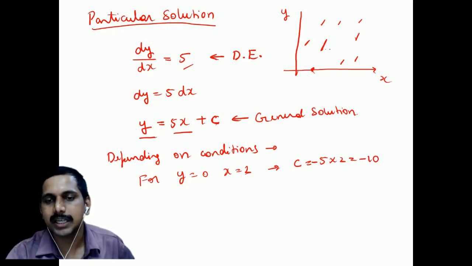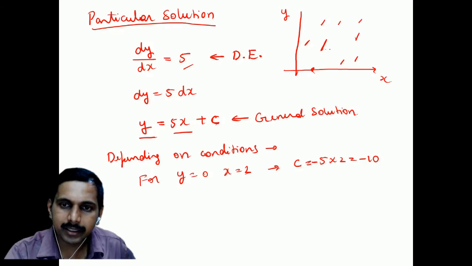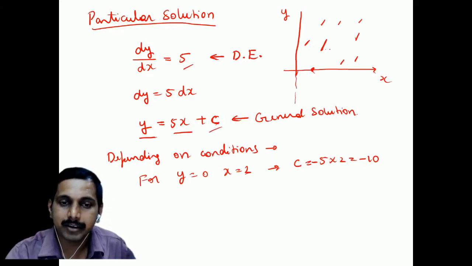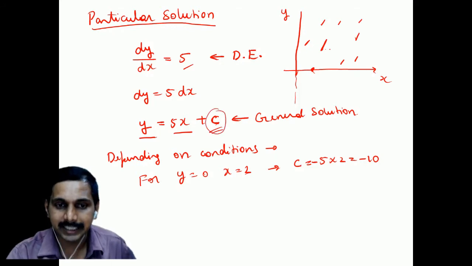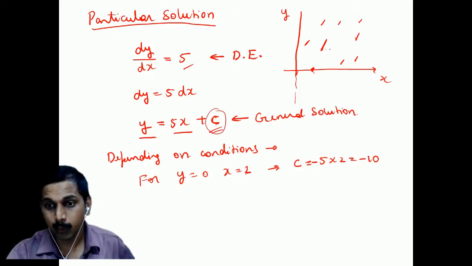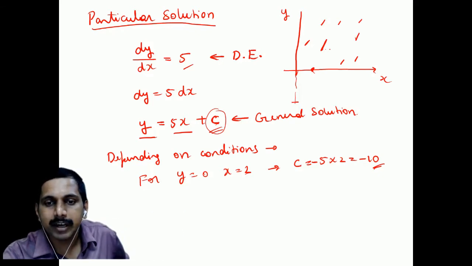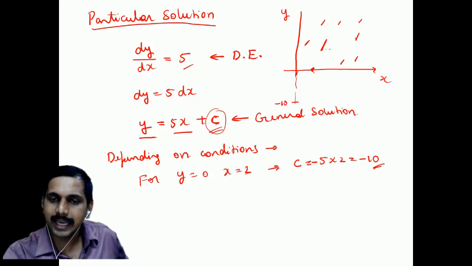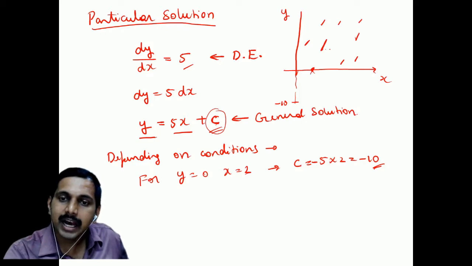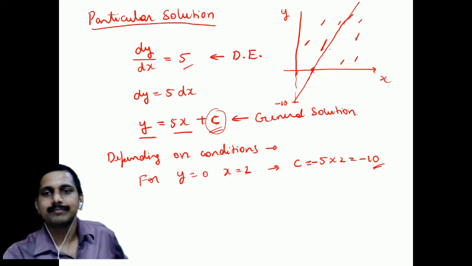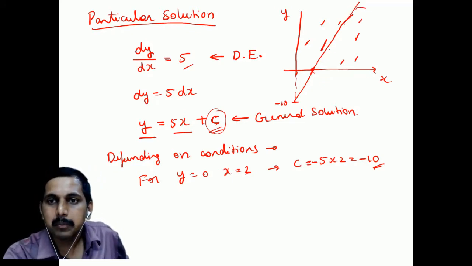I will get minus 10, correct? See, this is the equation of a straight line, and c is the intercept on y. That's why I did straight lines initially. The intercept on y is minus 10. And then from here I start, and I will go as a line like this. Observe, this is a particular solution.